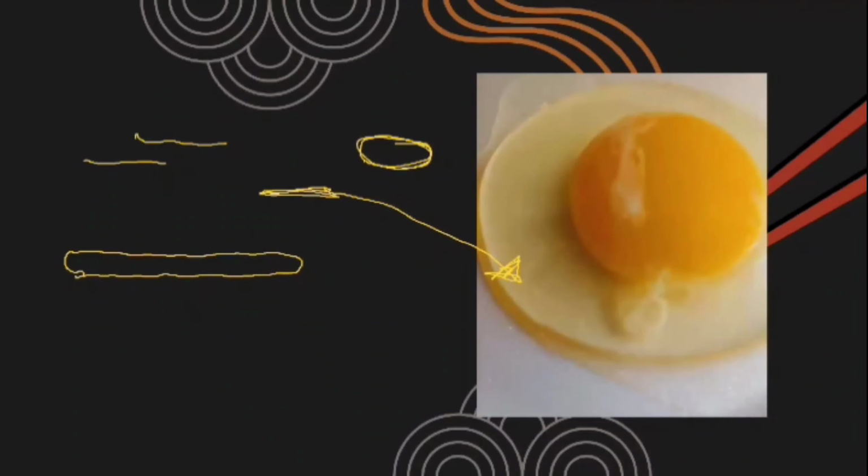So here in the picture, this is the thick albumin. Ito, yung medyo mas nakadikit pa sa egg yolk. And then, ito yung thin, yung mas malayo-layo ng konti sa egg kapag kayo ay nag-crack ng eggs. Okay, so let's move on.